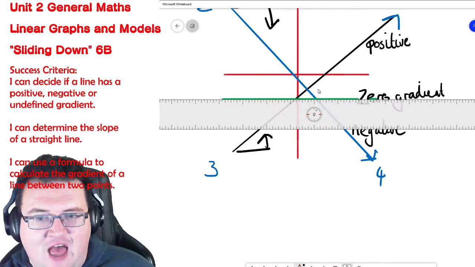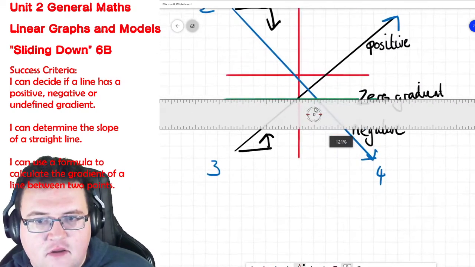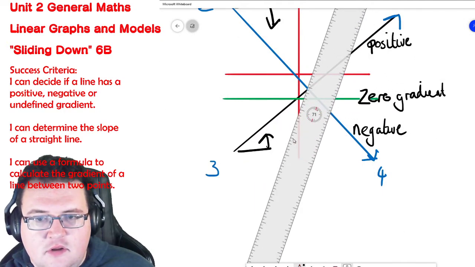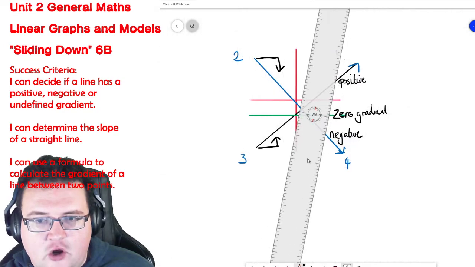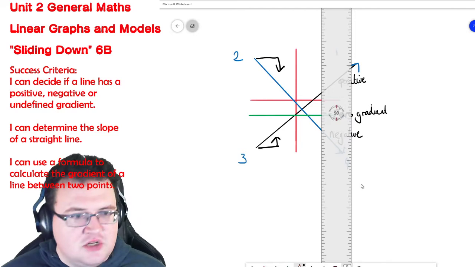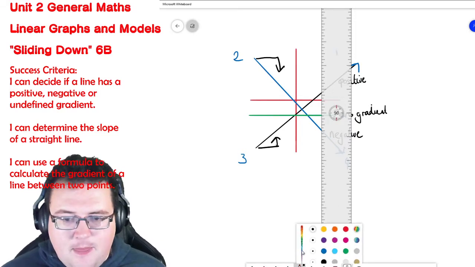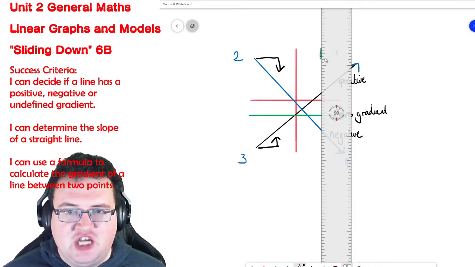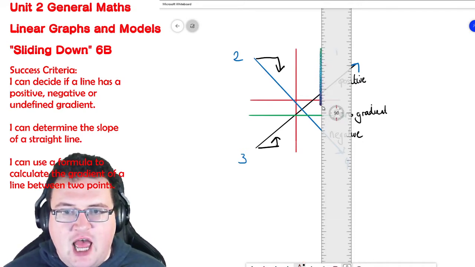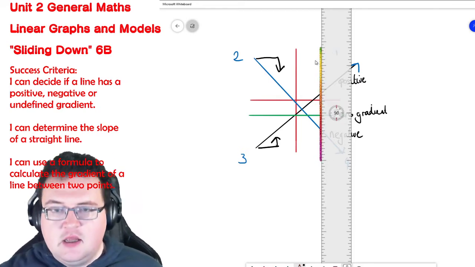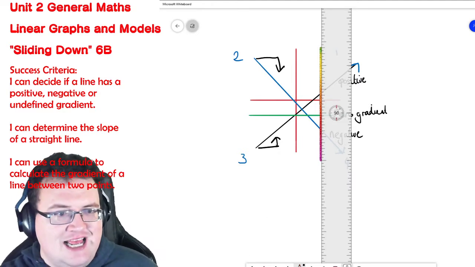A line with undefined gradient is a line that goes literally straight up and down. It doesn't move left or right. That's why it's undefined. Gradient is about rate of change, how something changes as you move across the x-axis. But my line here, as it moves from left to right, it doesn't change.